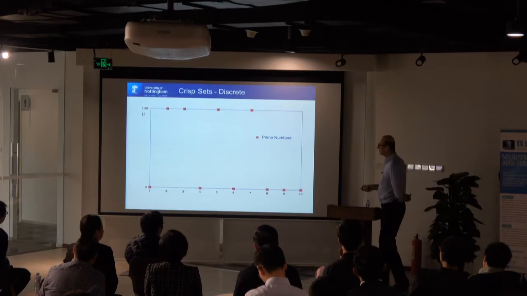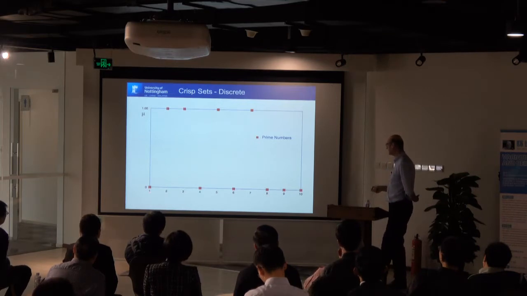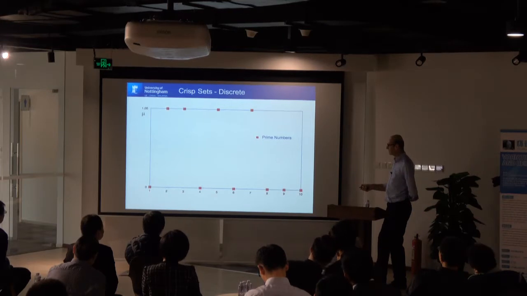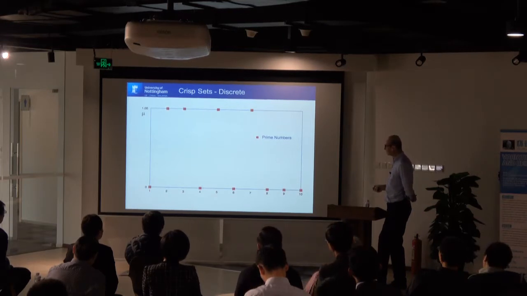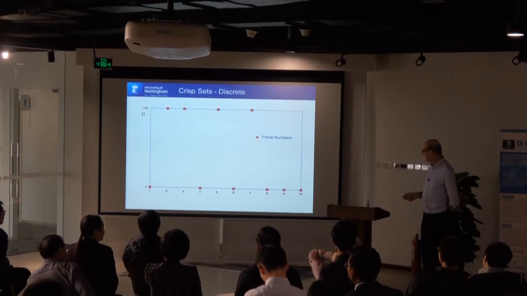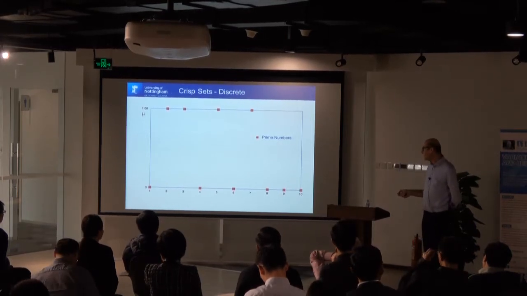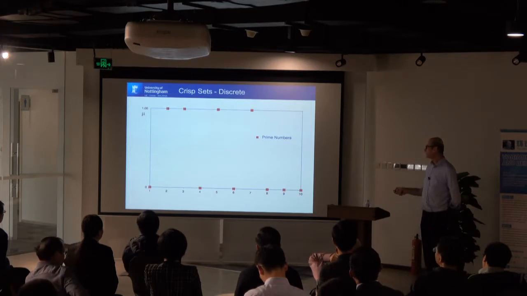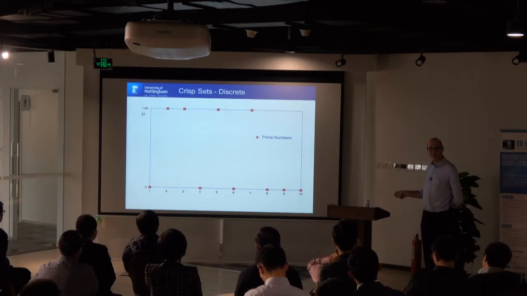So a crisp set, you don't often see it drawn like this. On the x-axis I've got elements which belong to the universal set. I'm considering the set of integers, whole numbers, natural numbers. On the y-axis I've got an indicator variable. I'm plotting 0 if it's not in the set, and 1 if it is in the set.